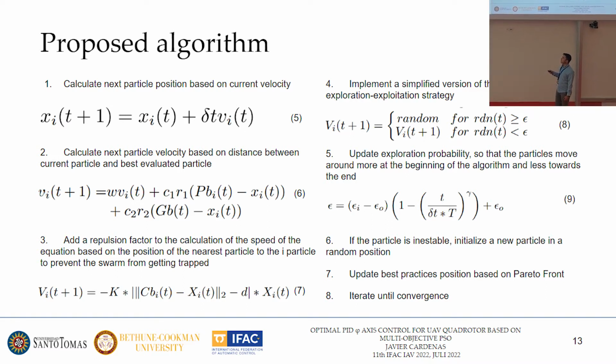This W is the weight of inertia, which means that I'm going to continue following the same path that I had. And then we have the personal coefficient, which means that I'm going to follow my own best position, and then we have the global or social coefficient, which means I'm going to follow the path of the other particles.